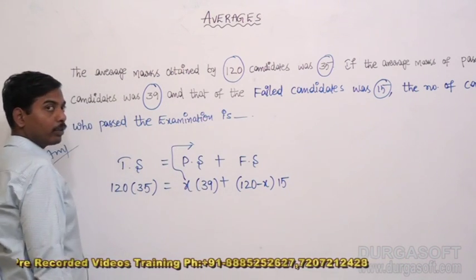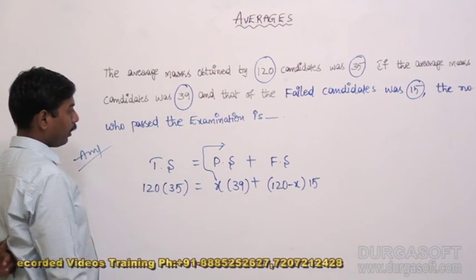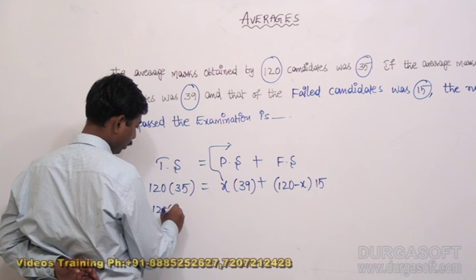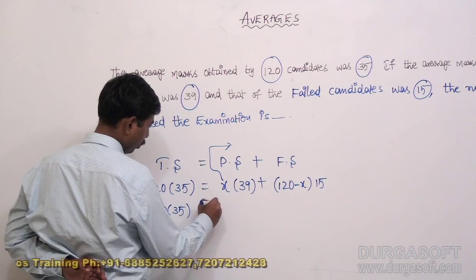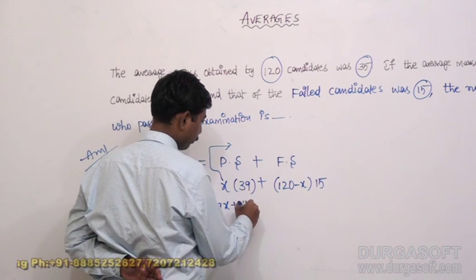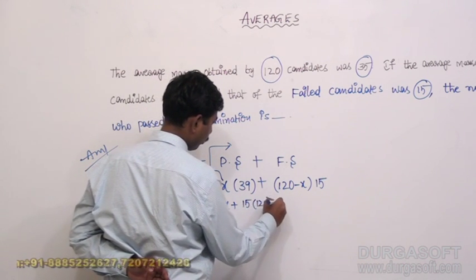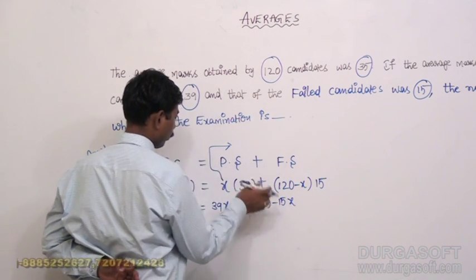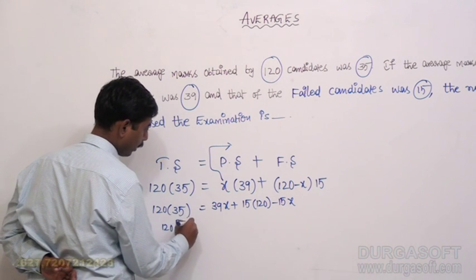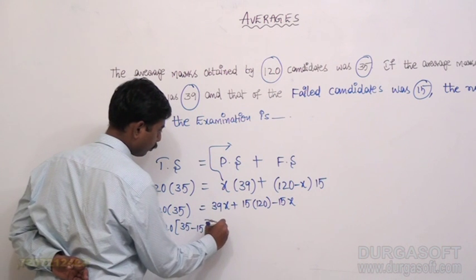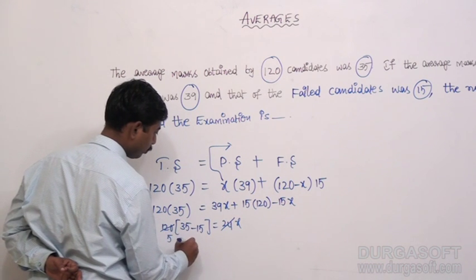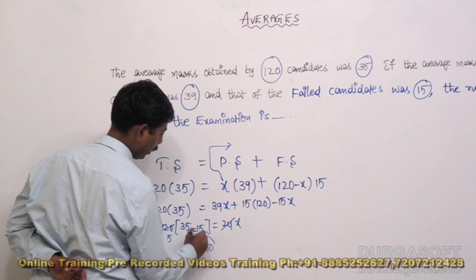Let us go for the calculation. 120 into 35 equals 39X plus 15 into (120 minus X). 120 comes to this side. If I take 120 as common, 35 minus 15 equals 24X. 24 is applicable how many times? 5 times. X equals 5 into 20, 100.